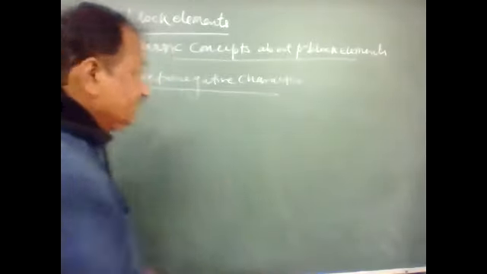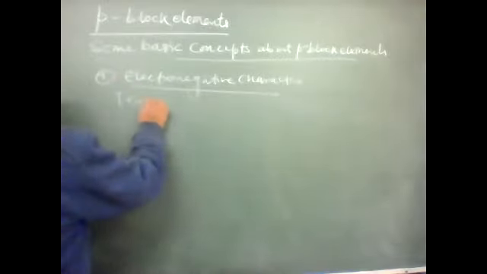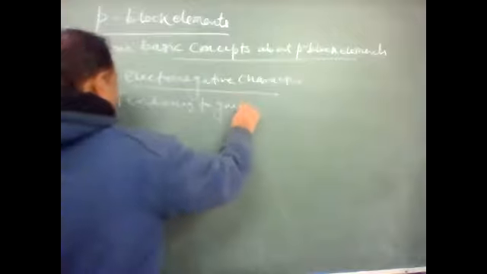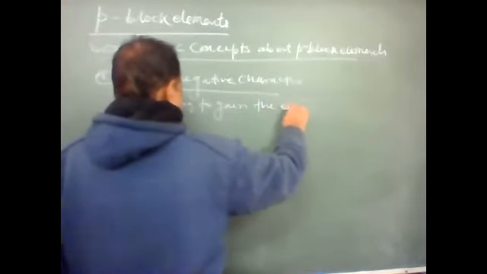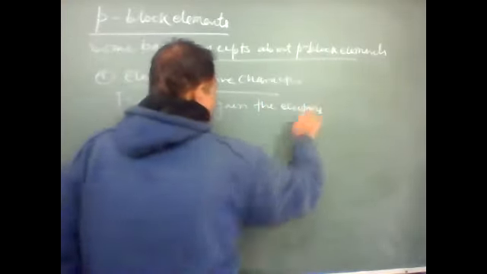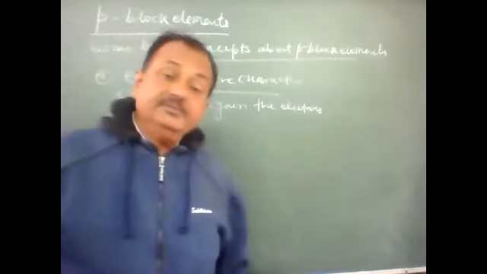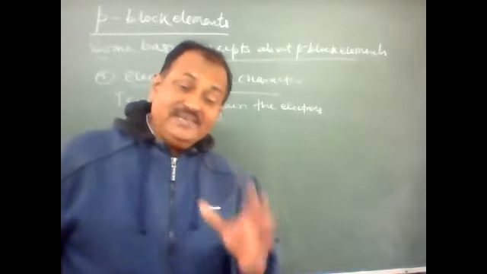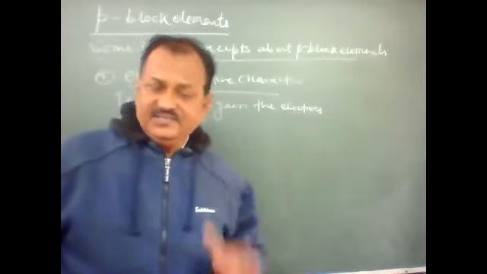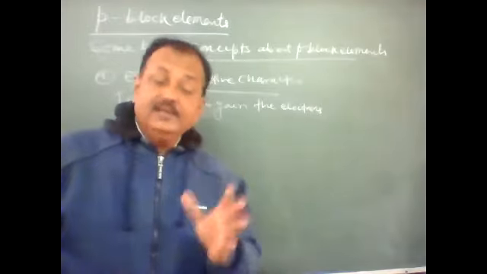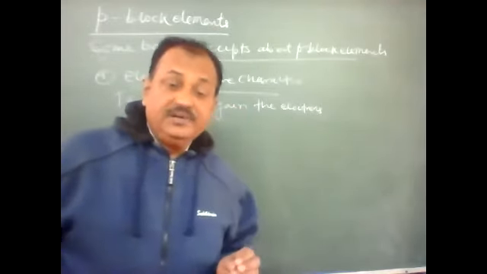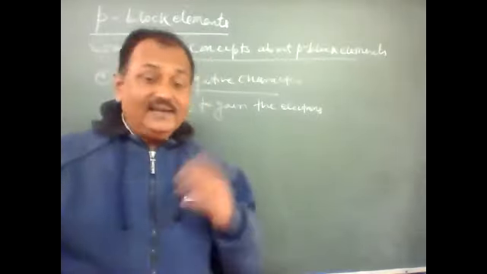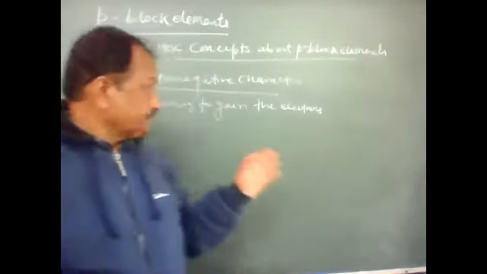So it is defined as the tendency to gain the electrons. As p block members are mostly non-metals, the p block is dominated by non-metals. They have some metals also, a few semi-metals, and a large number of non-metals.